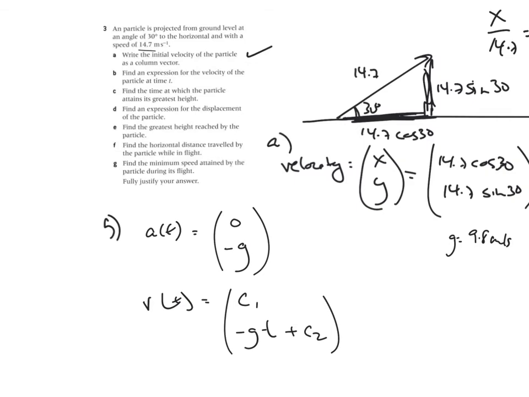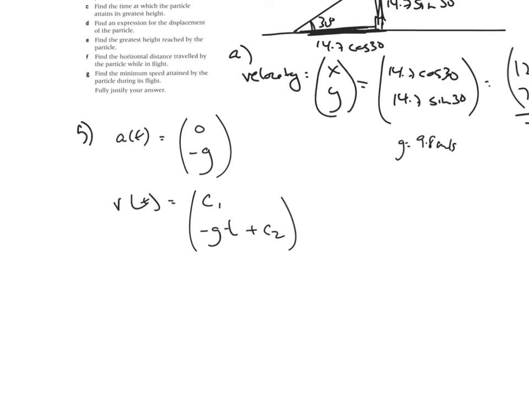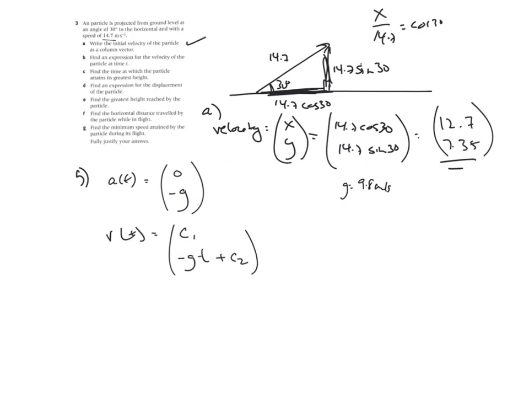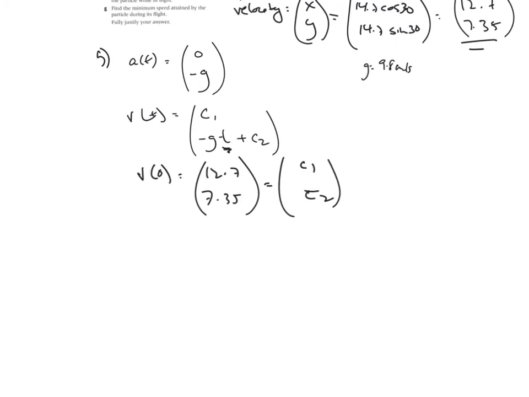When t equals 0, I get these initial values, so C1 and C2 are 12.7 and 7.35.